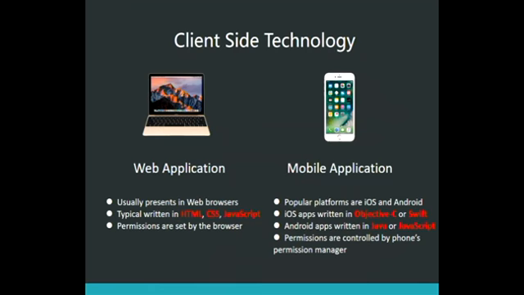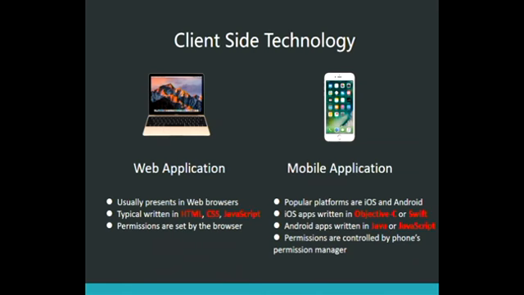So let's talk about the client side. There are two cases, right? Web application and mobile application. Desktop applications are pretty much the same, a little bit different, but that's not what we're talking about in this class. So first, the web application.